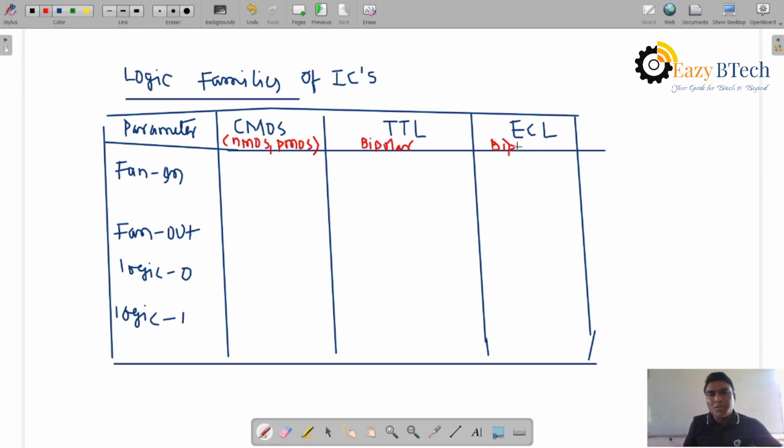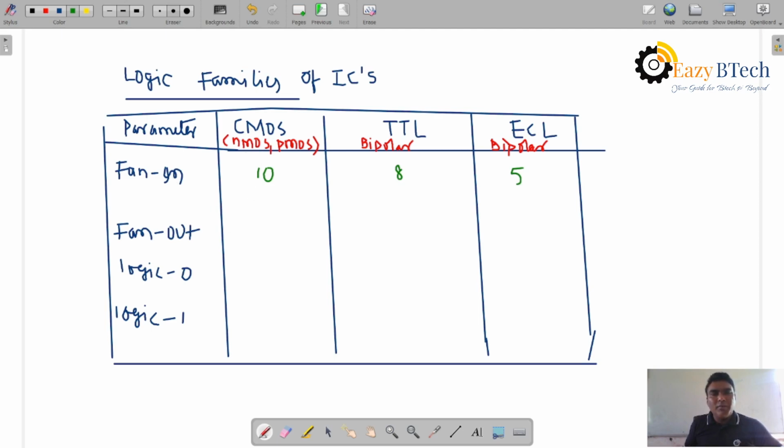By using this, the number of fan-in for CMOS is up to 10. It is 8 for one and 5 for another. For fan out, CMOS has more fan outs.